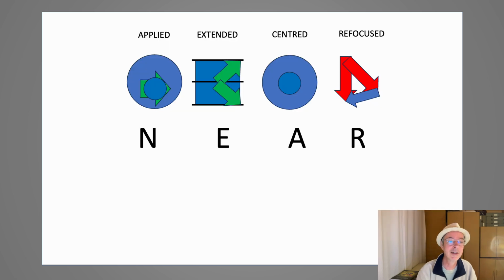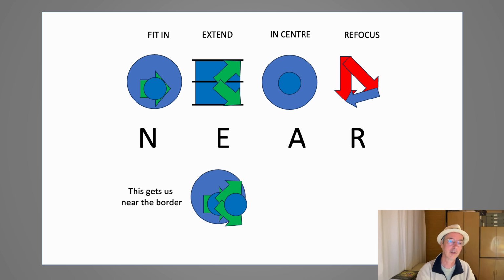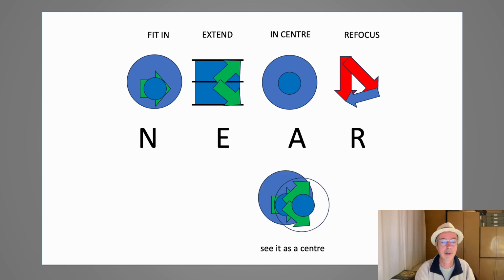Let's go to "near". Near is the applied form, the extension, the centered position, and the refocus position. So how do I translate this? If I combine them together, this will get us again quite near to the border, which I had to have with the N and E. I have it already near to the border where the center position comes in, and I see it also as a center.